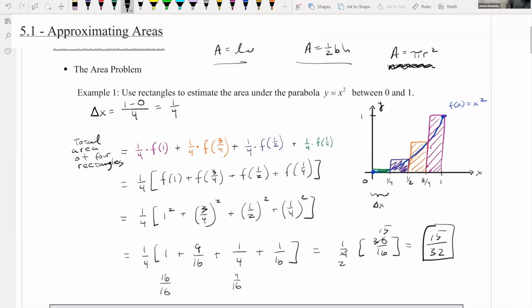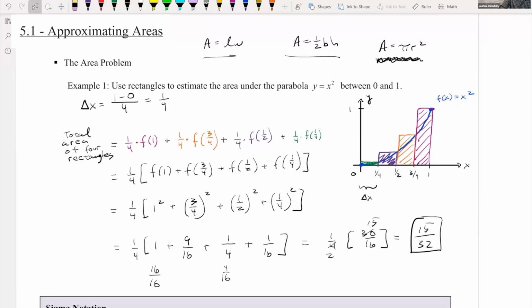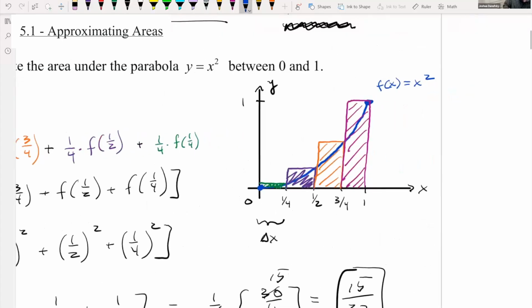And so what we've done is we've estimated the area under the curve with the sum of these 4 rectangles. And you should be saying to yourself, that's a really cruddy estimate, right? Because look at the curve. The blue curve, if I can zoom back in here, the blue curve is cutting through each one of these rectangles.